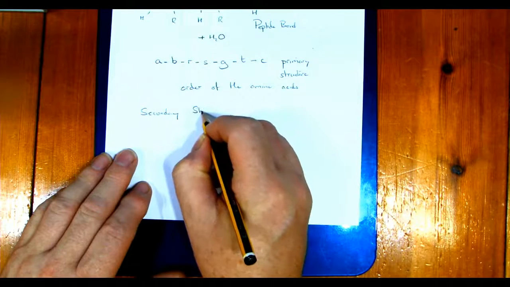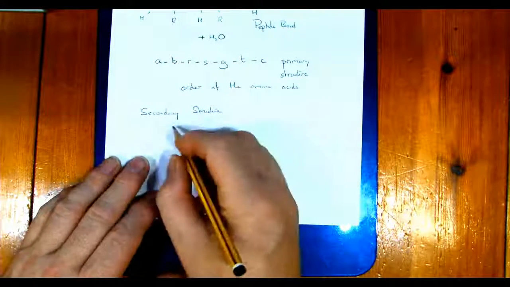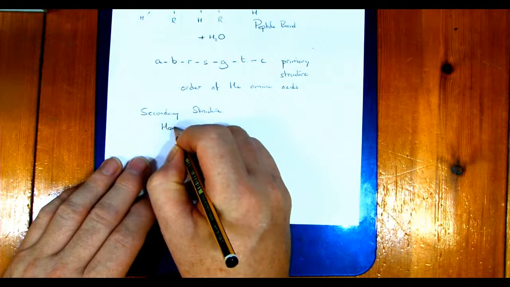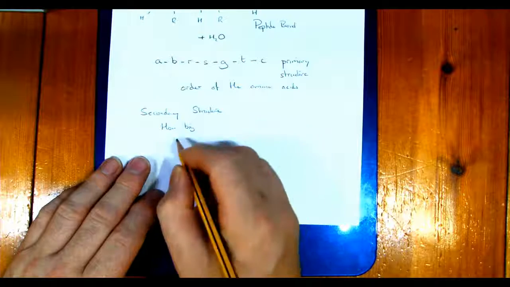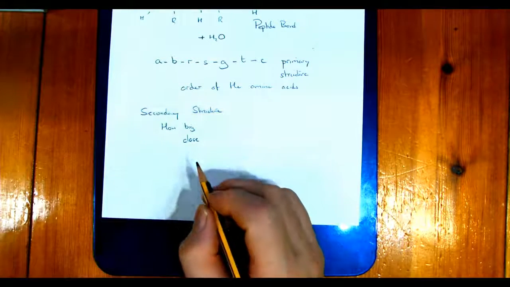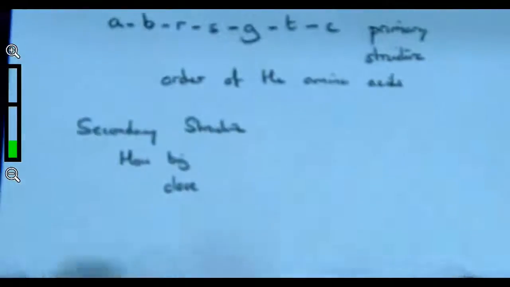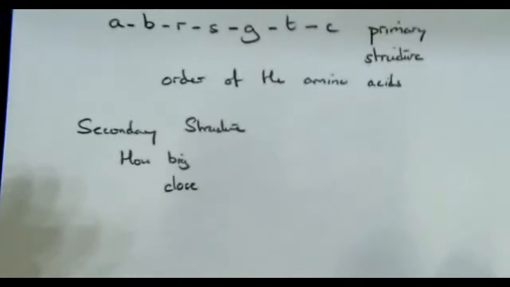We've then got this secondary structure, which is formed by basically how big the side chains are, how close those side chains can go to one another. Just focus it for you.